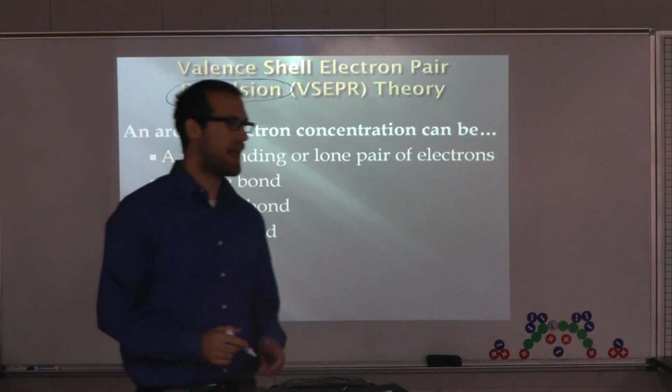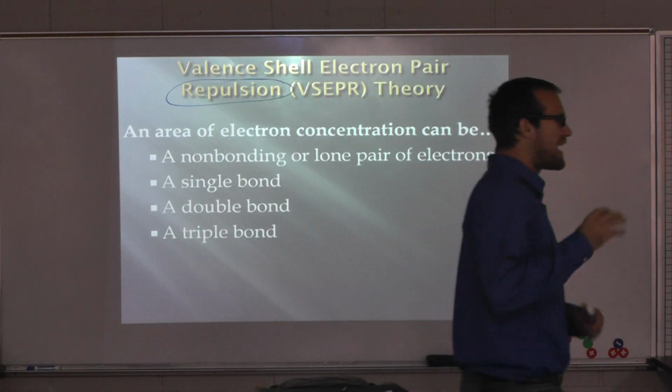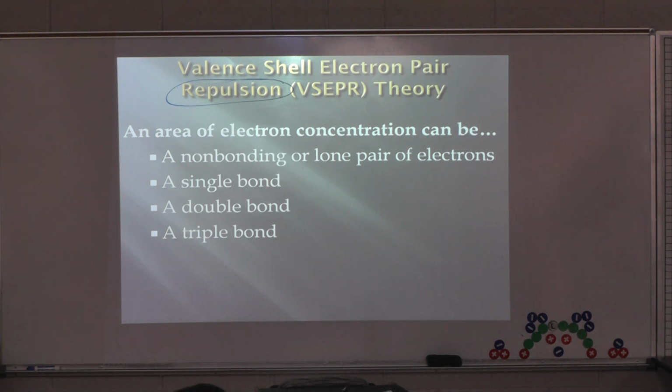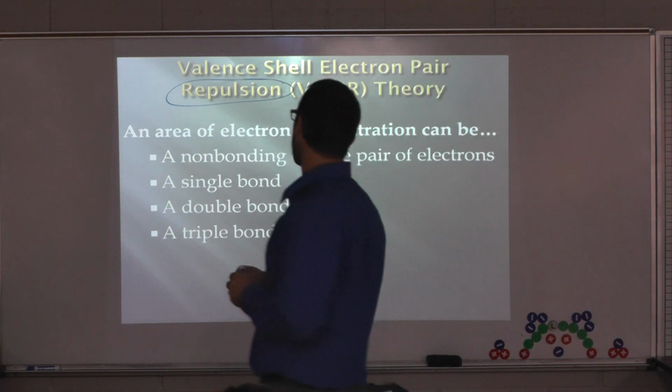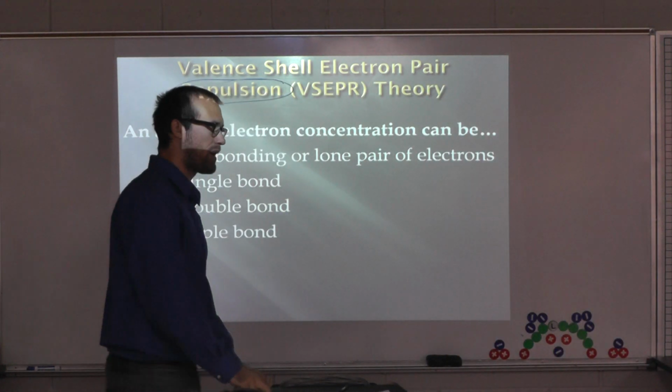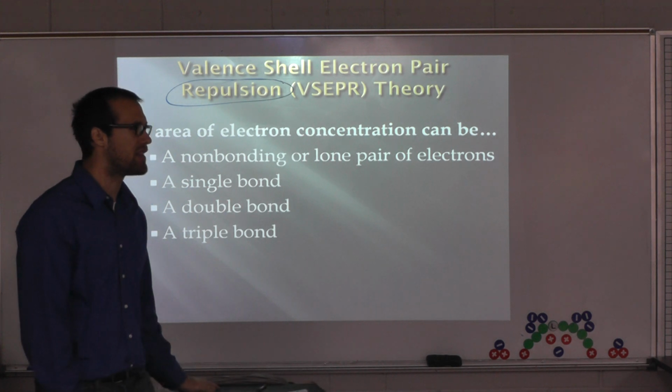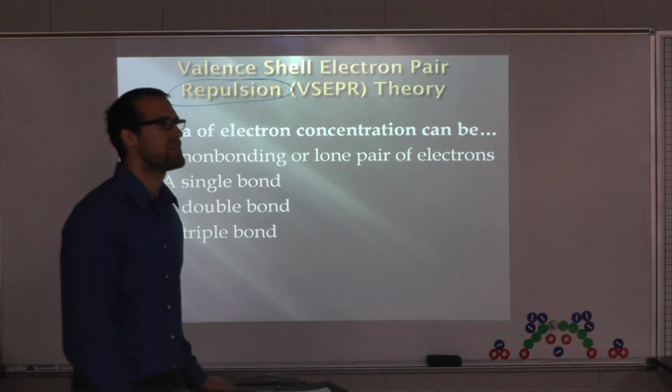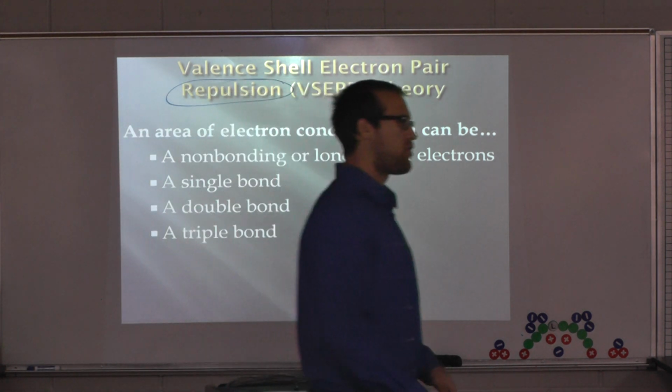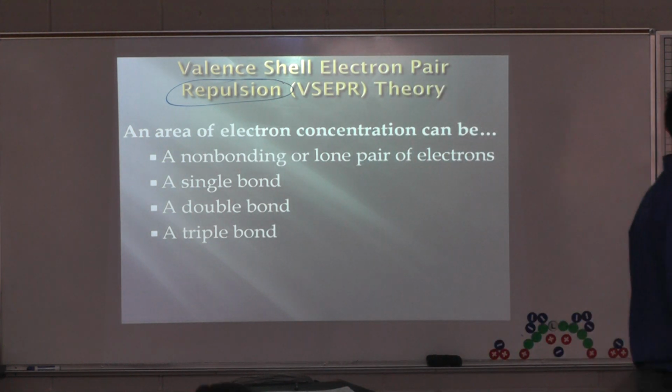Repulsion. Now, I started this idea when we were doing Lewis structures. I tried to show that electrons repel each other, so they're going to be as far away from each other as possible. When we start doing 3 dimensions, it's going to act the exact same way. The bonding pairs and lone pairs are going to repel each other, so they're going to try to maximize the attractive forces and minimize the repulsion forces.